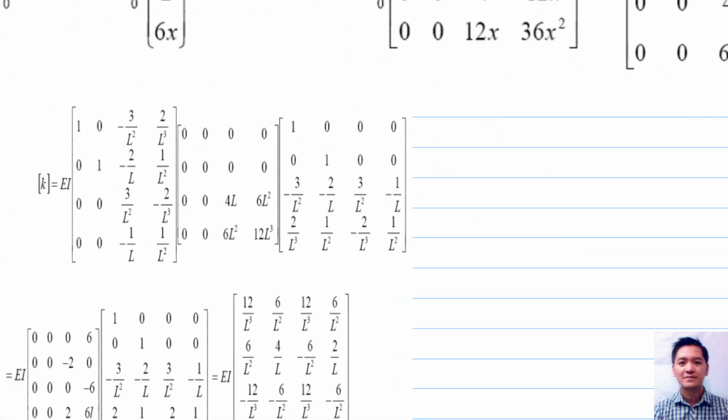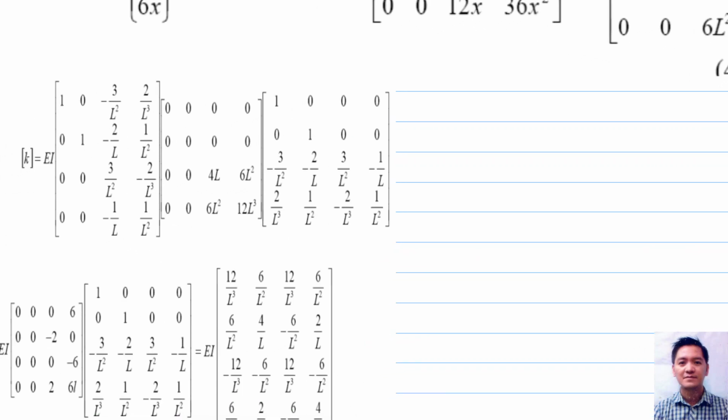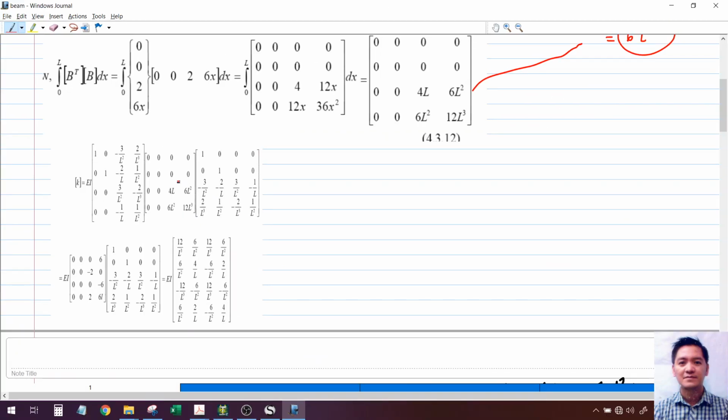So, K equals EI, yung A inverse transpose yung una, tapos sinukuha natin B transpose B, tapos the A inverse ulit. So, this is the A inverse transpose.